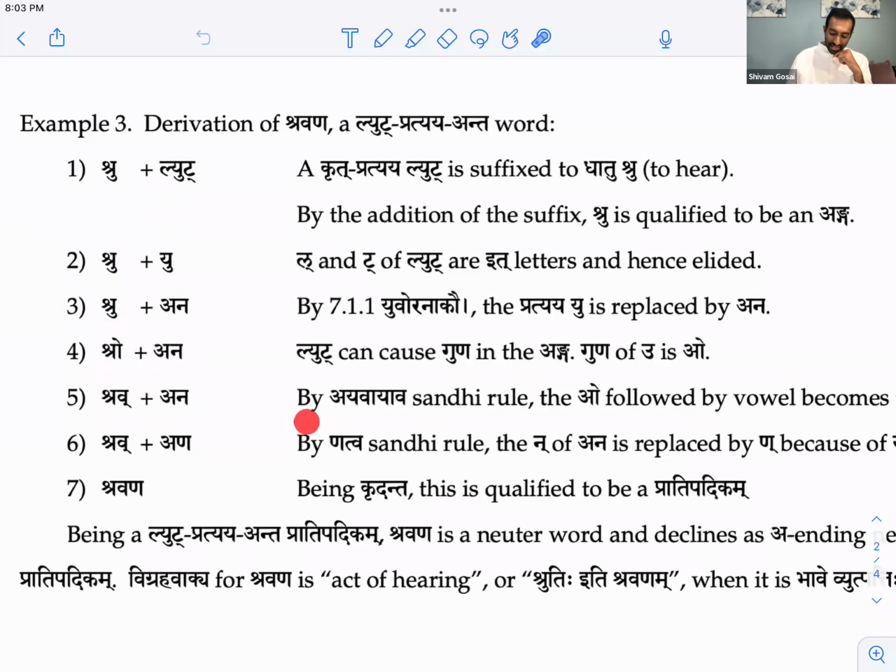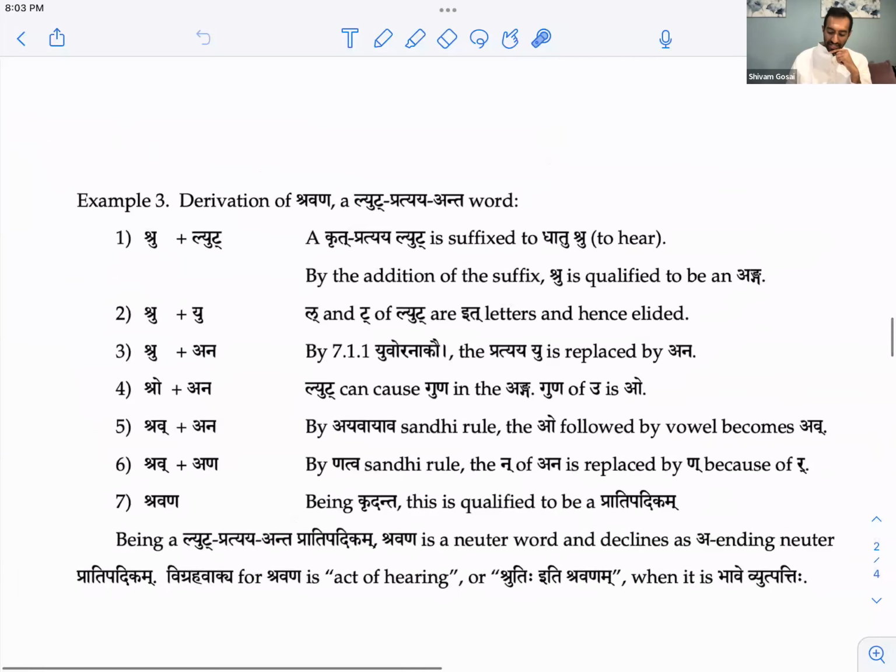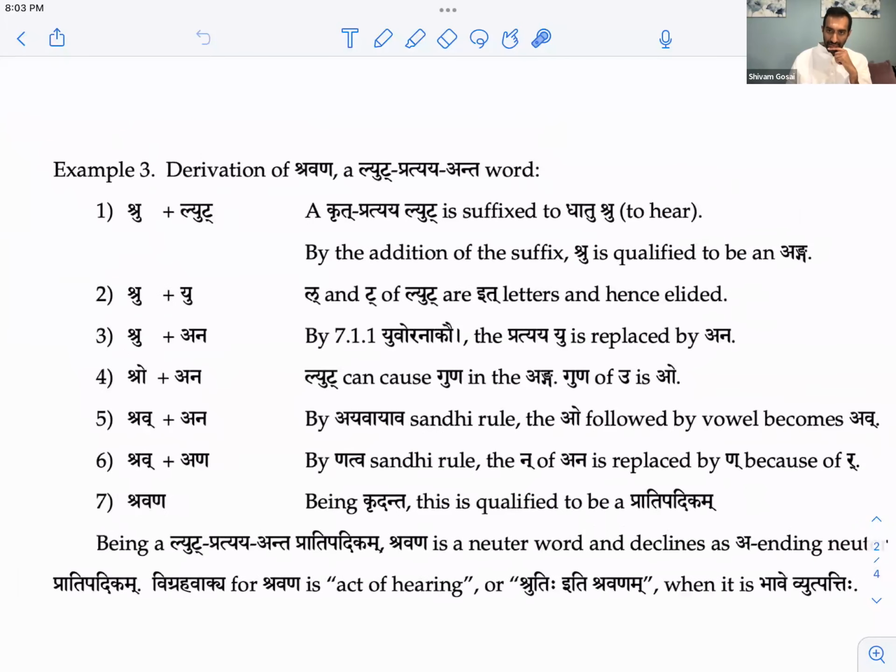Now there's a sandhi rule when I have okara in front of akara. By the ayavayava sandhi rule, the o followed by a vowel becomes av. So shrav plus ana. Now this nakara can be murdhanya because I have a ra in shra, right?